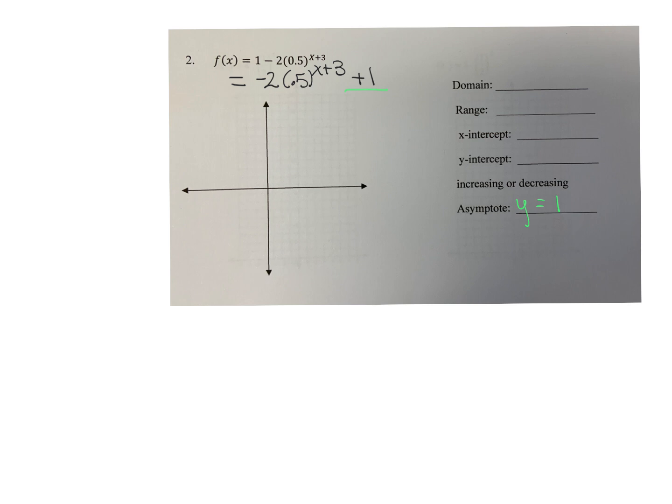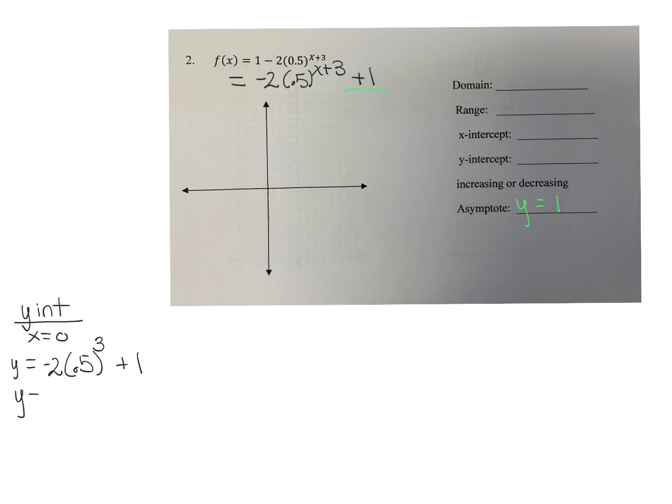Let's find some intercepts. So let's do my y-intercept first. You let x equal 0. So y is going to equal negative 2 times 0.5 to the third, because 0 plus 3 is 3, plus 1.